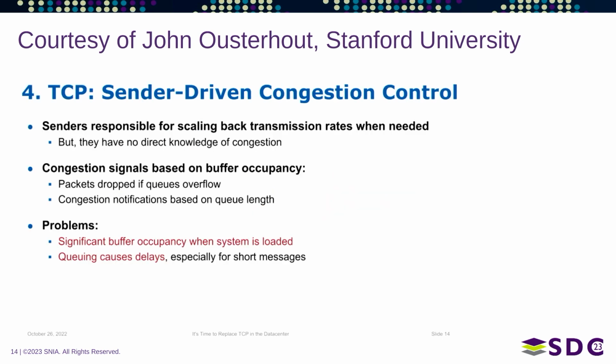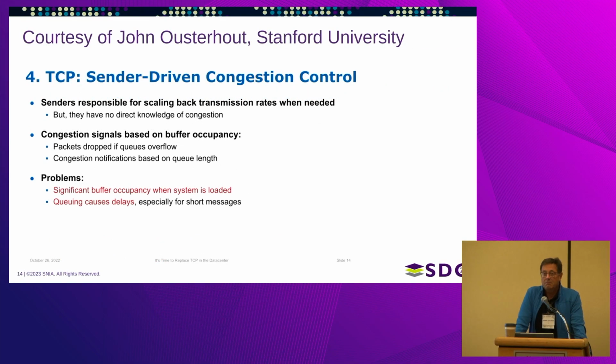The last aspect why TCP may not be beneficial in all those cases anymore is sender-driven congestion control, right? The sender is receiving X or not receiving X, and then scaling down the transmission based on congestion or packet overflow or buffer overflow, okay?